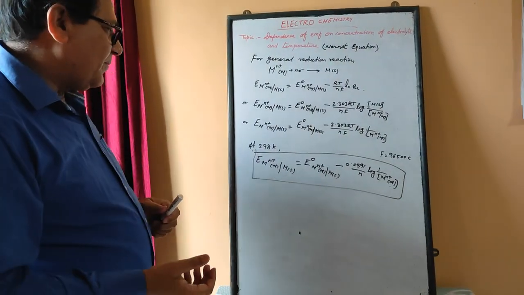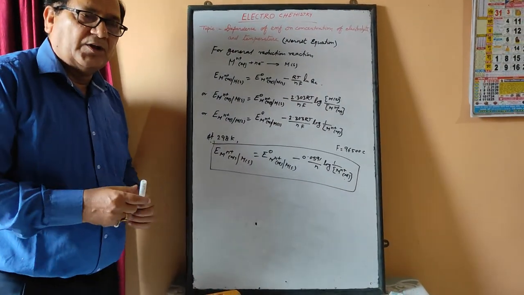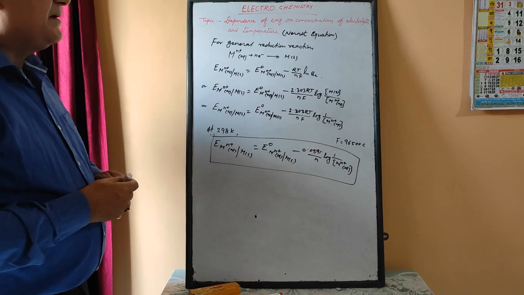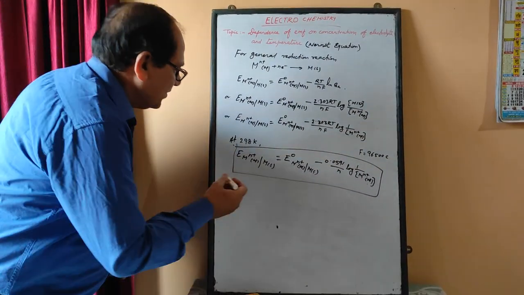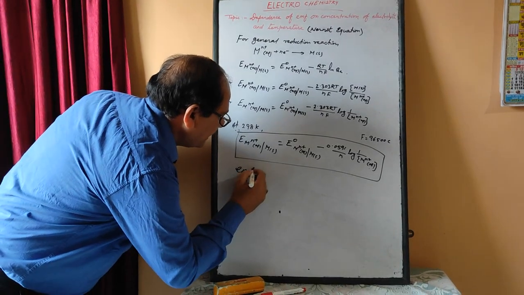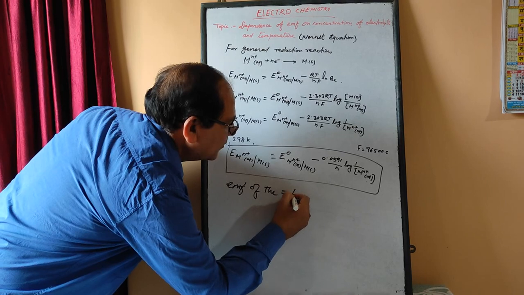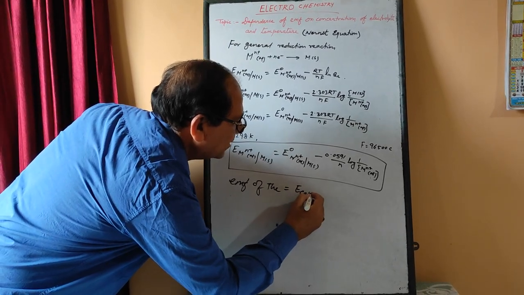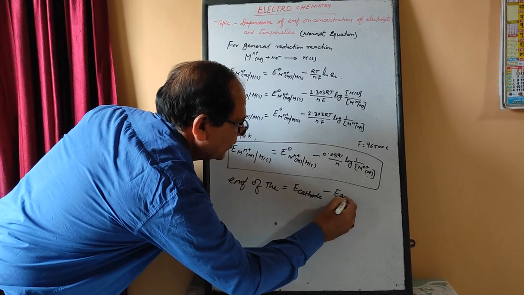By calculation of electrode potential of anode and cathode, you can calculate the EMF of the cell. So EMF of the cell is equal to E cathode minus E anode.